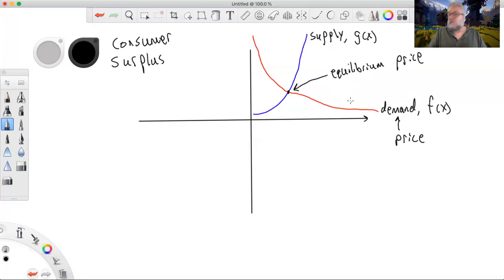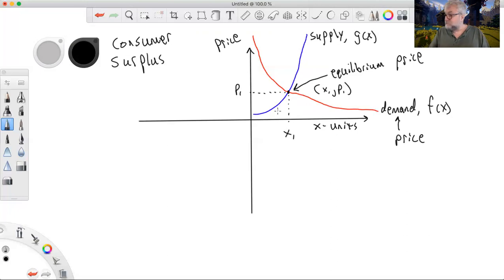So this axis is X, the number of things being sold, and this axis is price. So this has a coordinate of X1 and P1 for the price and the number of units being sold at that price. So it has an ordered pair, X1, comma, P1.